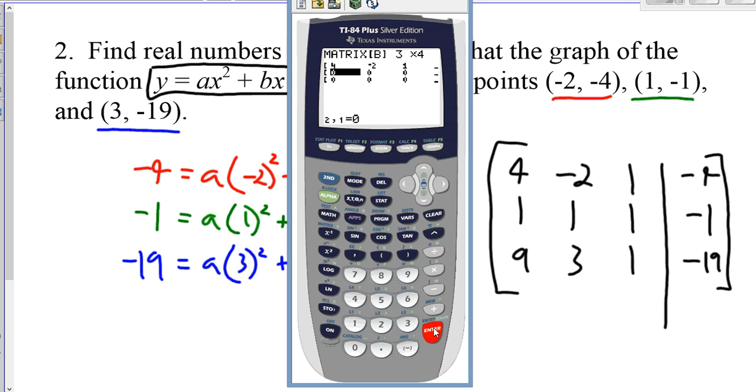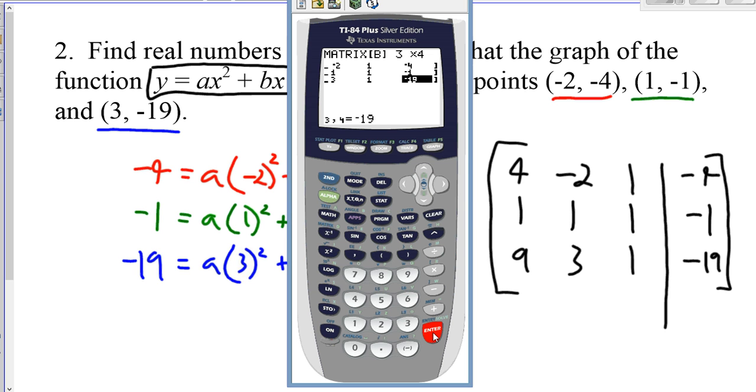That's my y. And I had 1, 1, 1, and -1. That's my y. And my third point gave me 9, 3, 1, and -19. Okay. And I have that there.